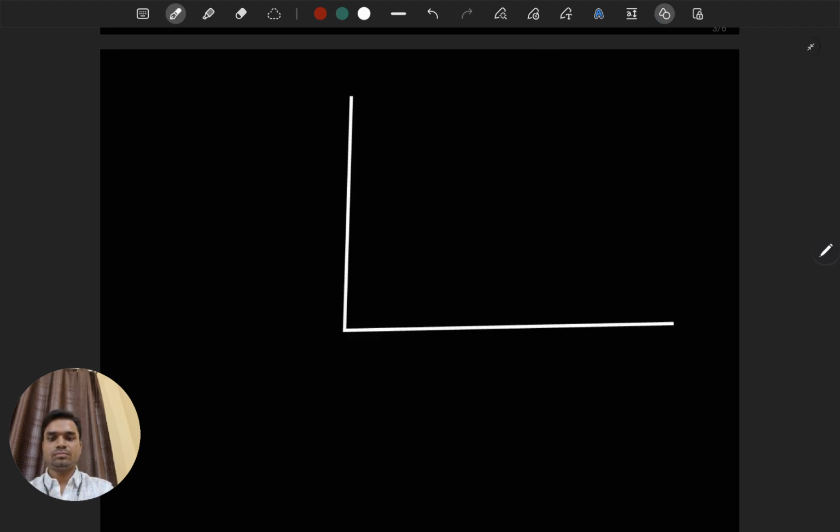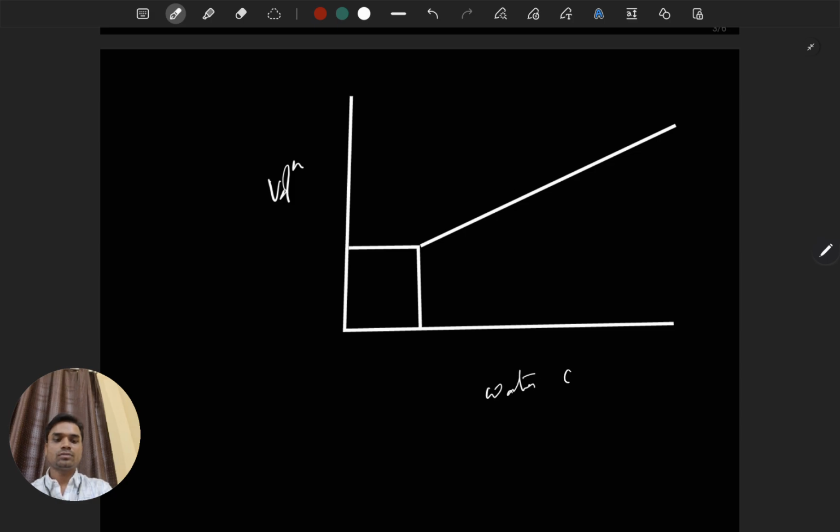Just consider volume versus water content.